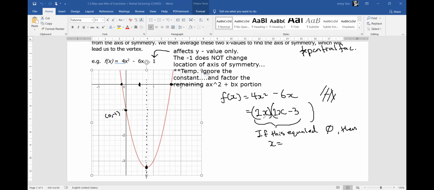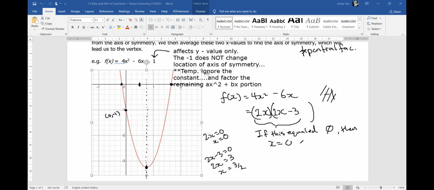What does x have to be for this bracket to equal 0? People are avoiding my eyes. Okay, look. 2x equals 0. What does x equal to? 0. Thank you. 2x minus 3 equals 0. That means 2x equals 3. That means x must be 3 over 2.